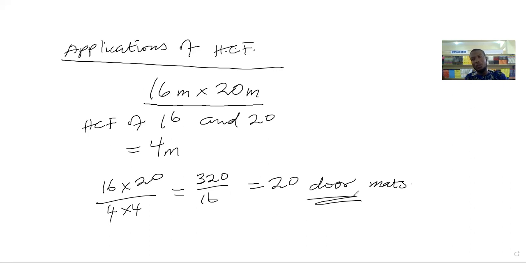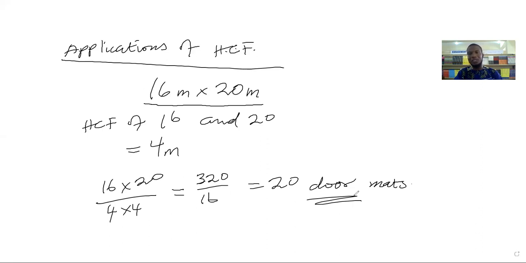So if you have any other dimension for your canvas and you want to find how many square doormats you can get from it, you just have to find the H.C.F of the length and the breadth of your canvas.